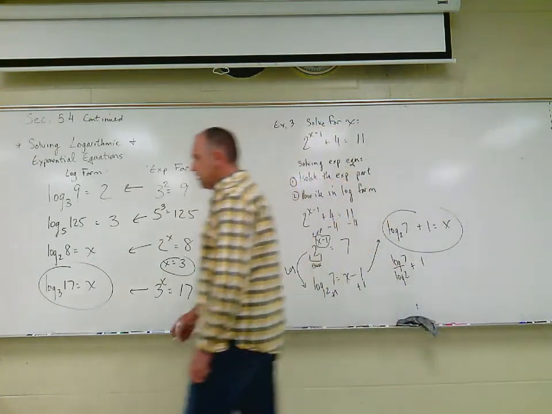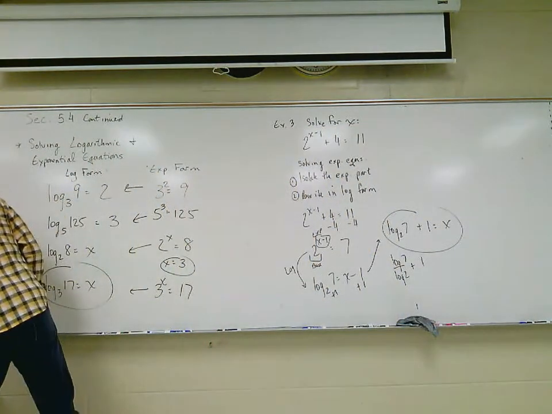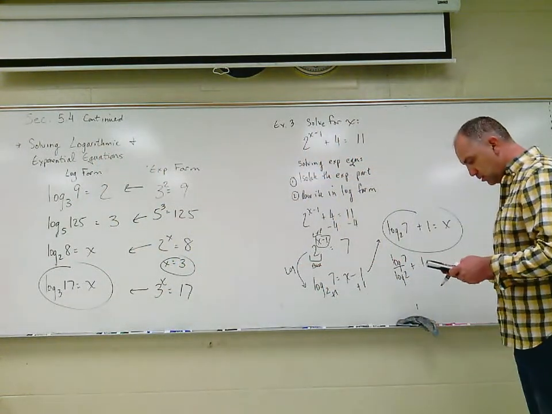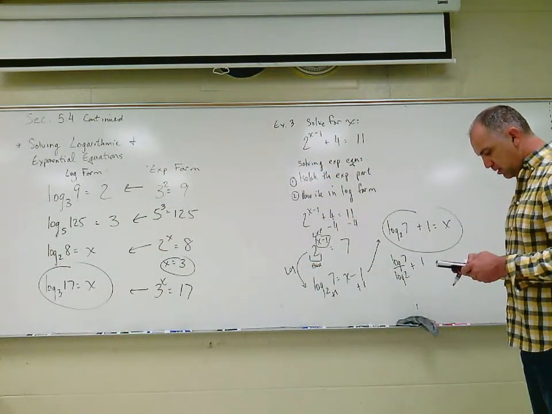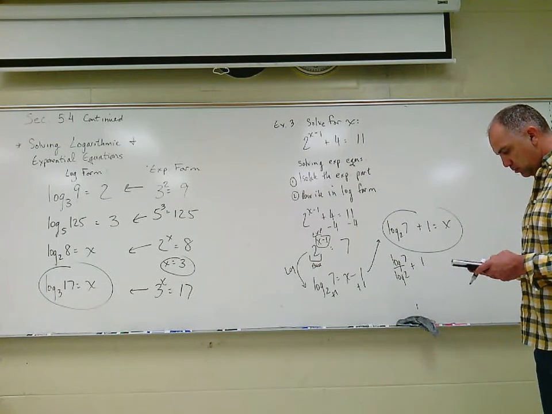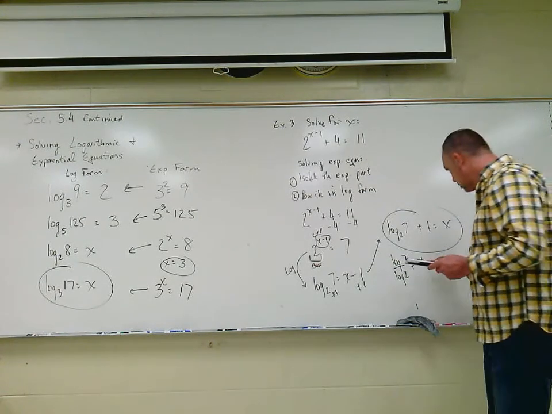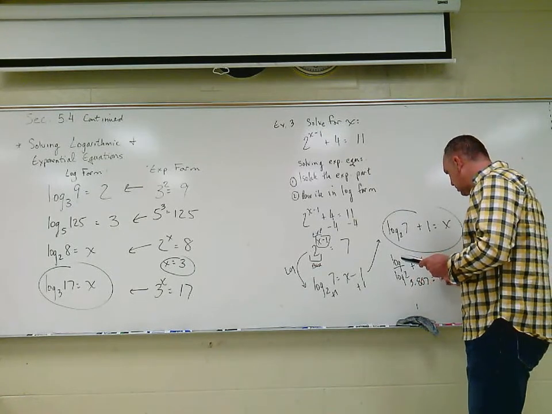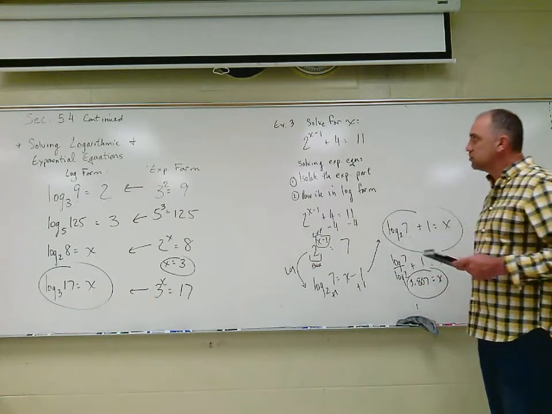And that should be our answer. We can get a decimal answer from that. So let's see what we get. Log 7 divided by log 2 plus 1. So I've got 3.807 if I'm rounding to 3 decimals.